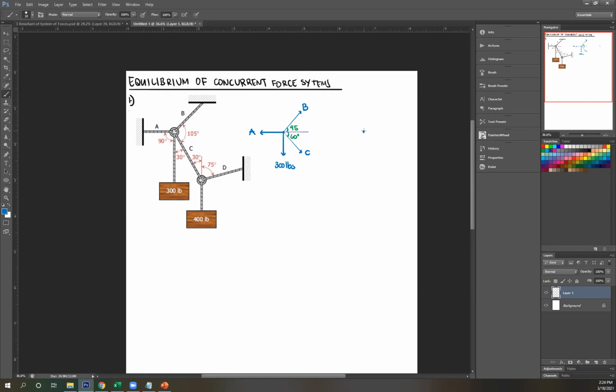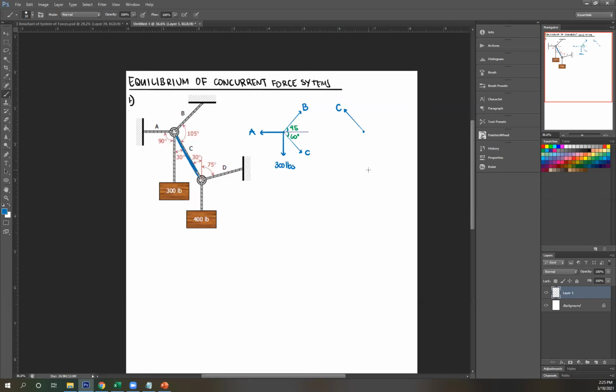For my next drawing, it should be upwards to the left. Or if you don't want to remember it that way, just remember my assumption here is force C is away from my point. So I should copy that at this system as well. So it's also away from the point. So this is my C.